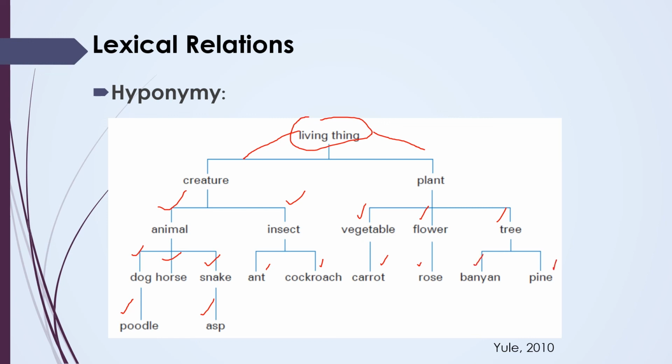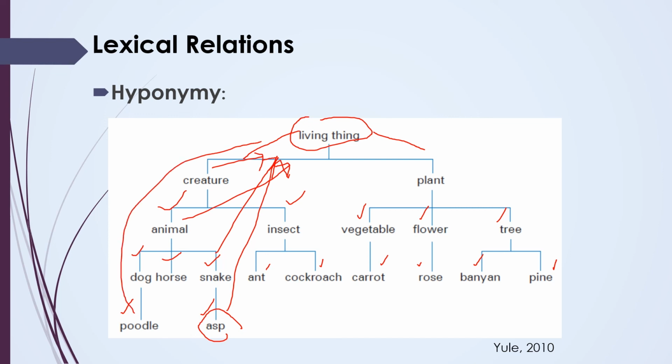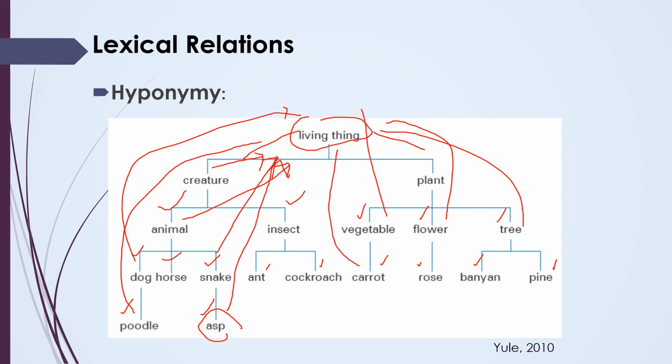So the thing is that we can say asp is a living thing, snake is a living thing, animal is a living thing, creature is a living thing, or anything from here in this hierarchical relationship. So we can go from down to up at the top as well, but we cannot change the categories.